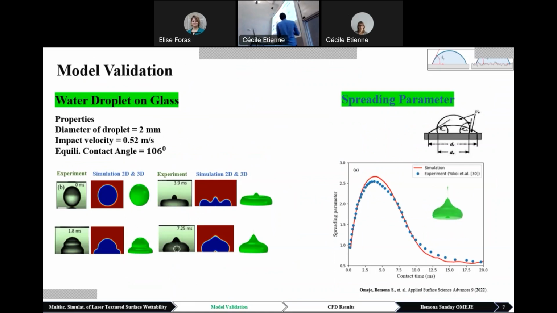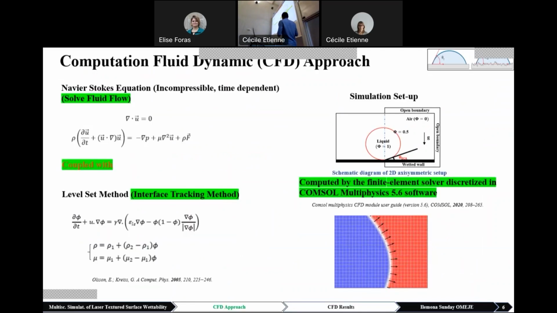And we went on to compute what we call the spreading parameter, that is the maximum spreading of the liquid on glass divided by the initial diameter of the droplet. As you can see, the spreading parameter of our simulation corresponds with that of the experiment. So that gave us some confidence to mimic some hierarchical structures that could be created by a femtosecond laser.